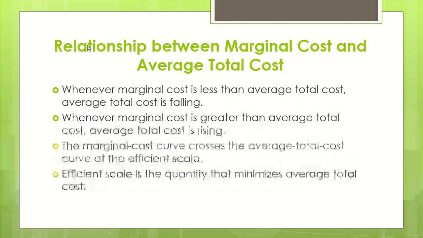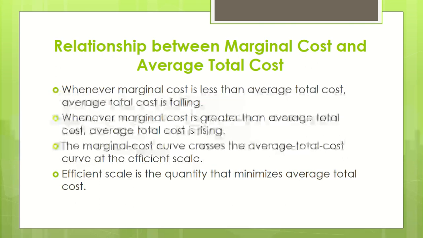And now here is the summary of the relationship between marginal cost and average total cost, which we have already discussed in the previous slides. The summary is: whenever marginal cost is less than average total cost, the average total cost is falling. A second point is: whenever marginal cost is greater than average total cost, average total cost is rising.